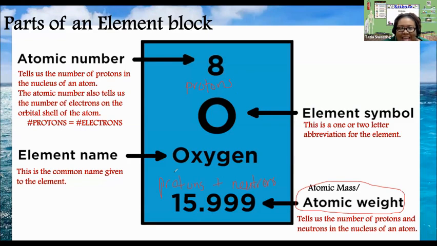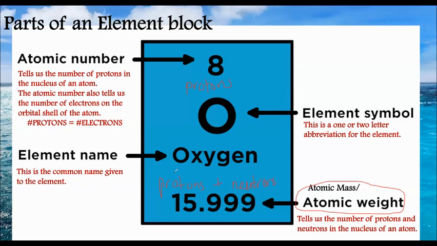Can anybody think of some type of mathematical statement we can do to find just the neutrons? Just subtract. What are we subtracting? 15 and 8. Atomic number and the atomic weight.